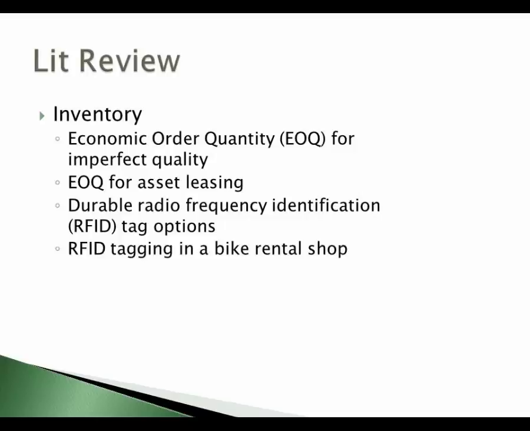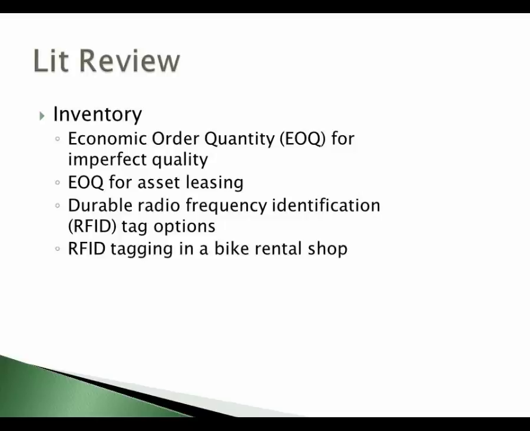So for our lit review, we looked at some literature on inventory, specifically involving economic order quantity. So we wanted to use this formula to help with the inventory management system, but the traditional EOQ model has some assumptions that aren't very realistic for our case. So we looked at a couple articles talking about different variations of the traditional EOQ model.